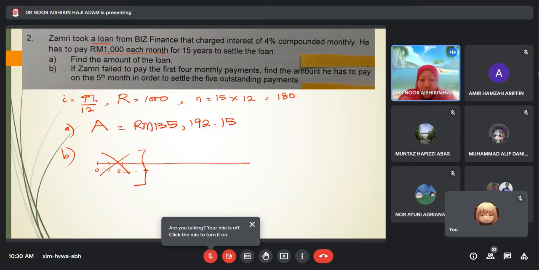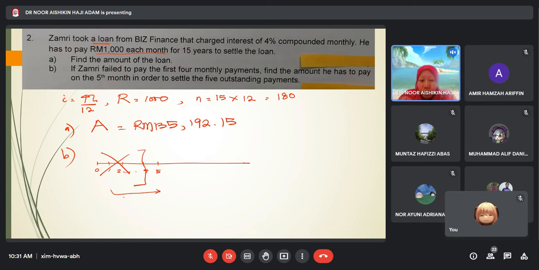Dia tak bayar. Tiba-tiba bulan kelima ni dia nak settlekan everything. So all of these payments semua you nak bawa pada the 5th month. Your arrows are going to the right. So you are looking for S5. Because there is one payment due there.